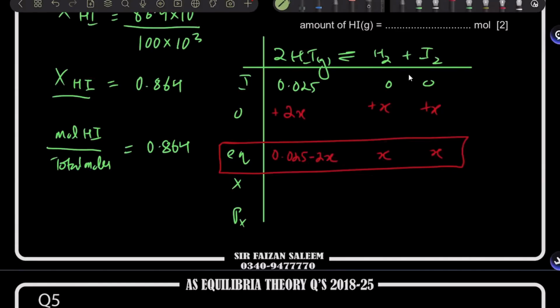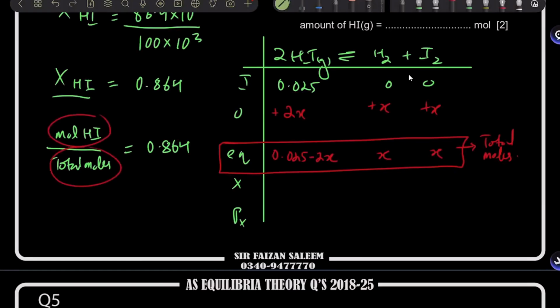Now, in order to calculate the mole fraction for HI, first we need to find the total moles at equilibrium, and then I'll divide the moles of HI at equilibrium by the total moles at equilibrium to find the mole fraction for HI.